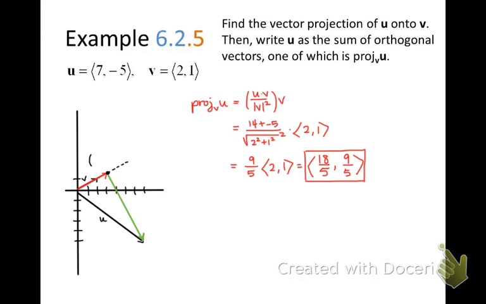What are the coordinates of that point? Nope. 2, 1 was right there. Yep, it's the projection point, right? 18 fifths and 9 fifths. Is this the head or the tail of the green? Tail. This is your tail of the green, right? So what is the head point of your green?